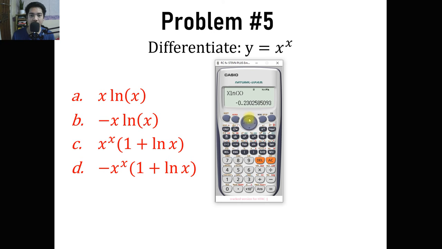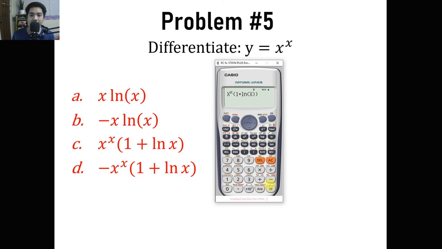So next one is we have negative x of ln x. Calculate it using 0.1 and then compare it with the variable A. That is still not equal to 1. So let's move on now to letter C, alpha x raised to alpha x, and then 1 plus ln of x, another quantity.